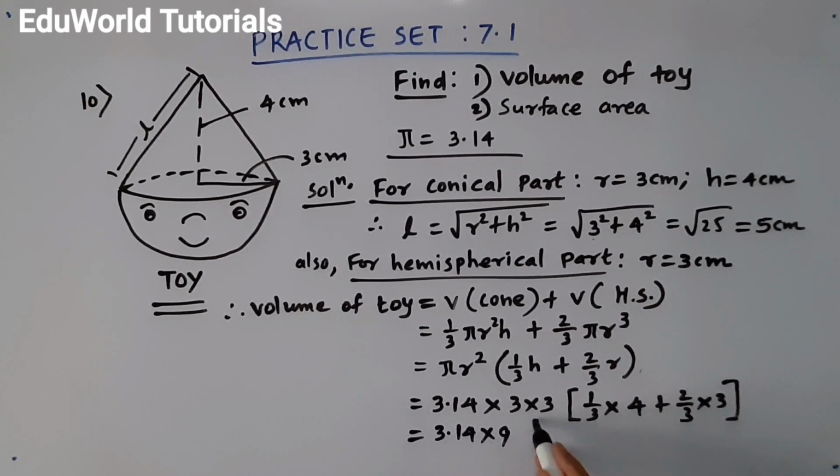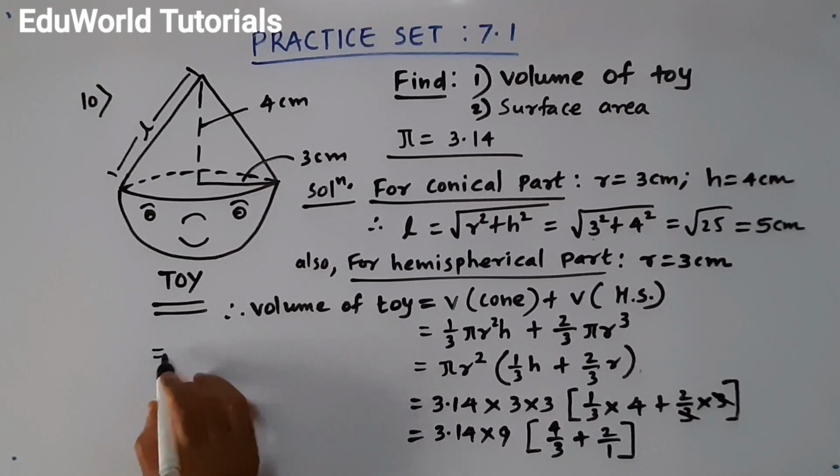Now let's see what is there inside the pair of brackets. 4 ones are 4, 4 upon 3, plus, many students make this mistake, they cancel this 3 and 3, and directly start adding these terms, but actually we have to first multiply as per the BODMAS rule. 4 by 3 plus 2 ones are 2, so now we can write 2 upon 1, and then we have to solve this.